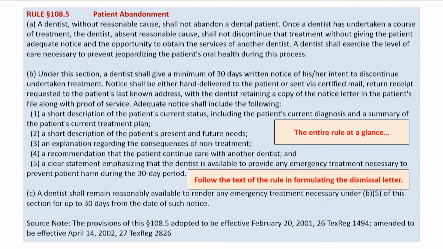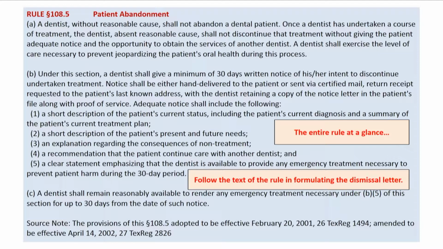I like to point this out about any particular state board rule so that doctors understand the exact chronology and timing historically of how long particular rules have been in effect. This particular rule became effective in 2001, and then it was amended and changed and became effective in its amended state in April 14th, 2002.